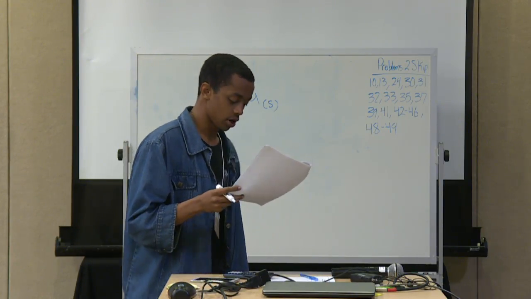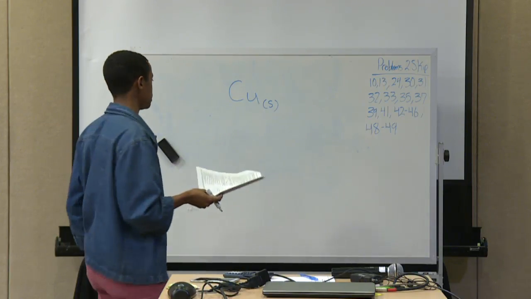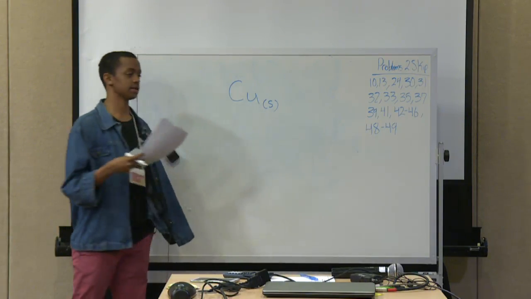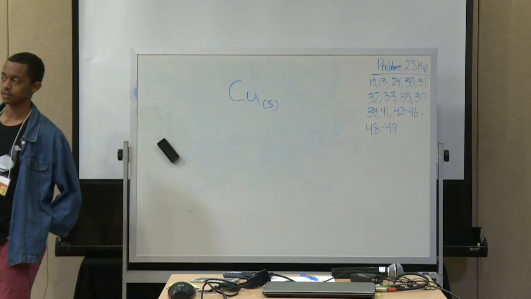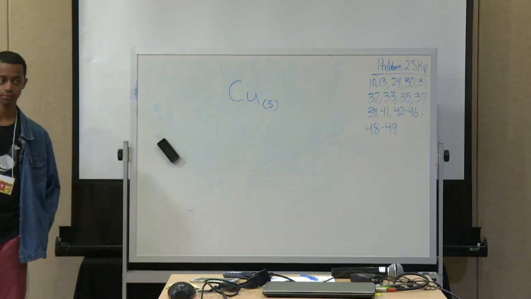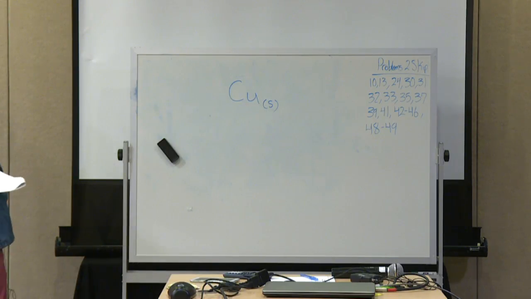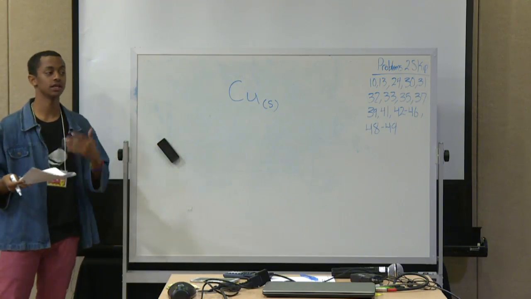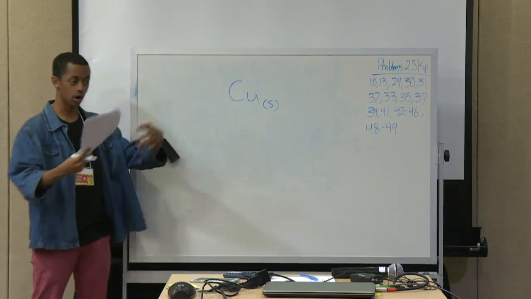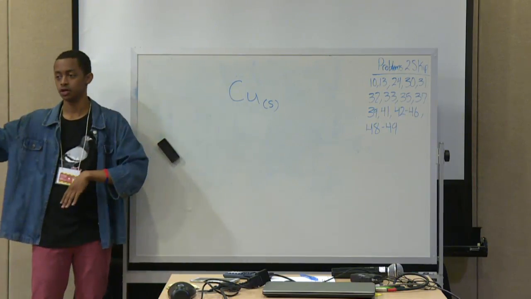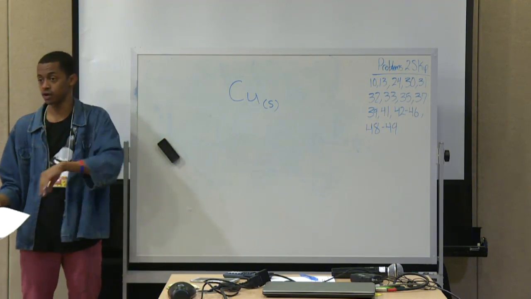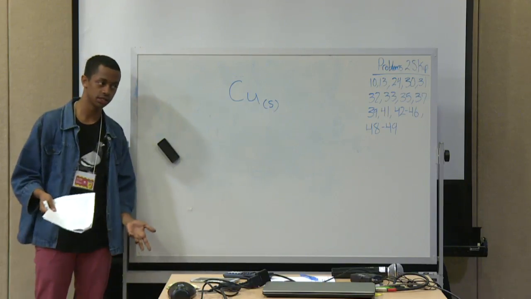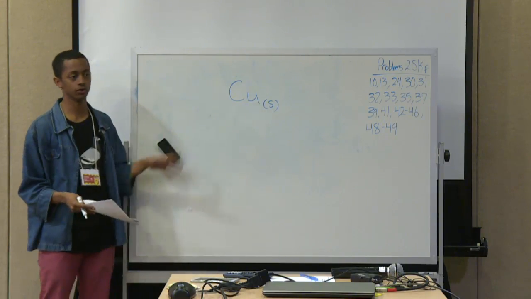The copper atoms are positively charged in a sea of delocalized electrons. That sea of delocalized electrons, that is a character trait of what? Transition metals, right? All of the transition metals, the reason they conduct electricity so well is because they're all bonded to each other, but their electrons are delocalized and freely moving around, which is why electricity is really easy to conduct through them, since they've got electrons moving all over.